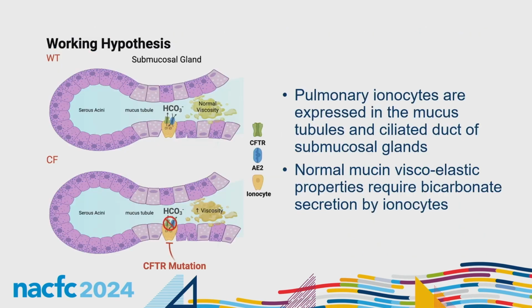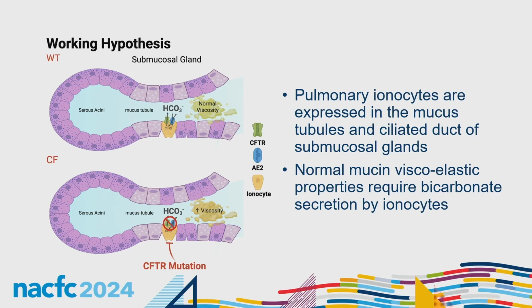So the working model that we're working towards is that in a normal condition, ionocytes secrete bicarbonate into the lumen of the submucosal gland, allowing for normal properties and viscosity of the mucin to be secreted. Then in a CF-like condition, where we have a mutation of these transporters, less bicarbonate is secreted, which causes an increase in viscosity in the airway.